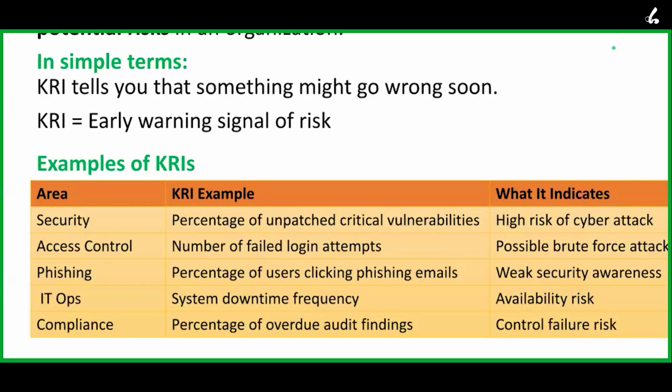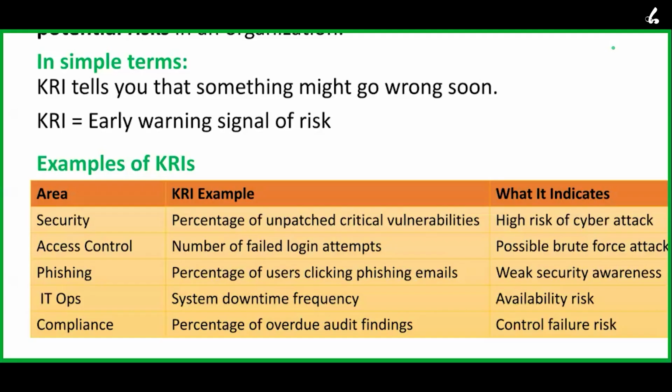Then we have phishing. Again, we need to identify how many clicks employees have made on a phishing email. Sometimes we test to ensure that the employee understands that this is a phishing email and should not be clicked. There also we are able to understand the performance of the risk.